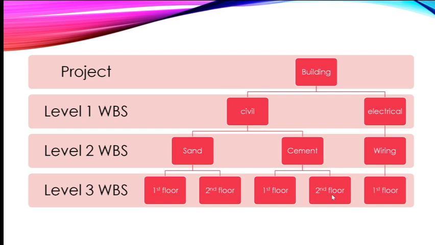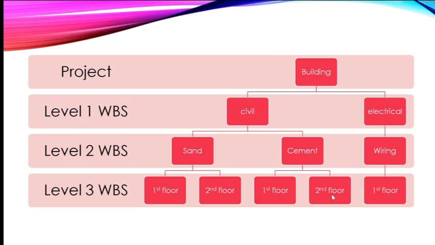And at level 2, I'm defining what type of component I'm purchasing, and for that component, how many different types of components there are under that department. That's the level 2 WBS. And if you see, civil means it's hard construction.